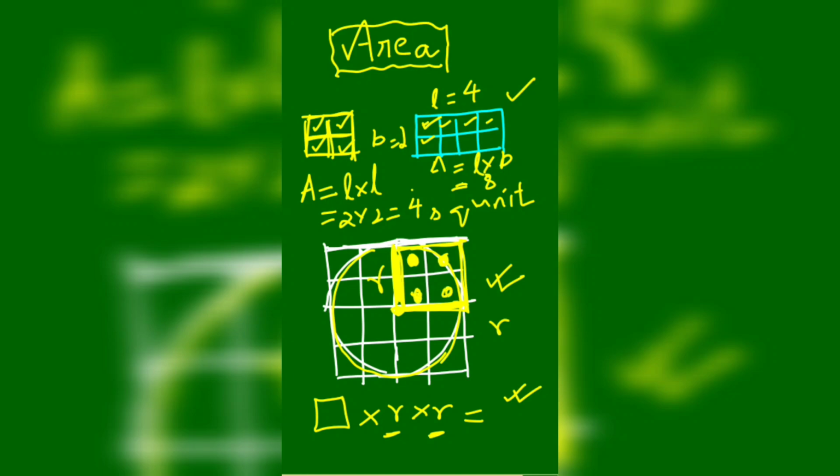So I got 2 into 2, I got 4. But what is this number with which, if I multiply, I will get the area of the circle? It has been calculated that the number is very close to, a little more than 3.